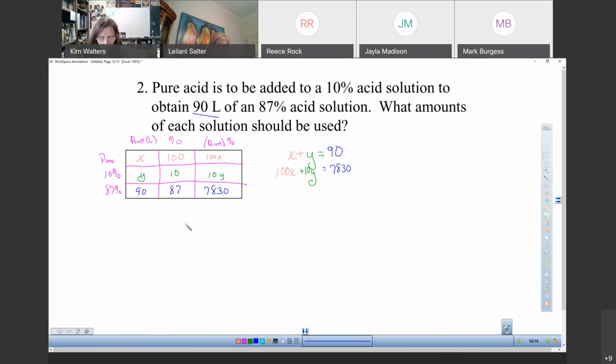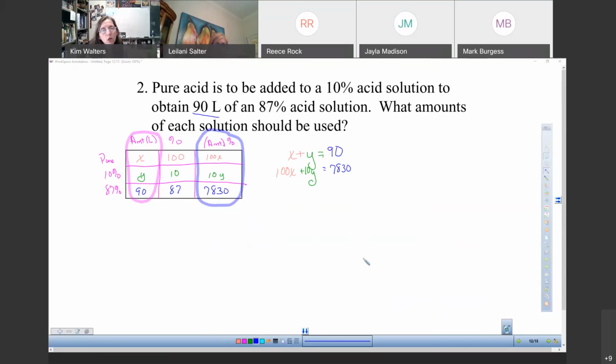And hopefully you remembered that my first equation comes from my first column, and my second equation comes from the third column, and there's just great information here in the middle. All right. Just to do something different, I'm going to solve this system by elimination.